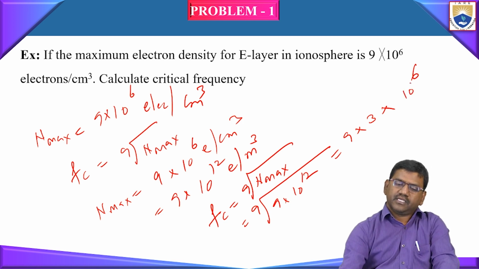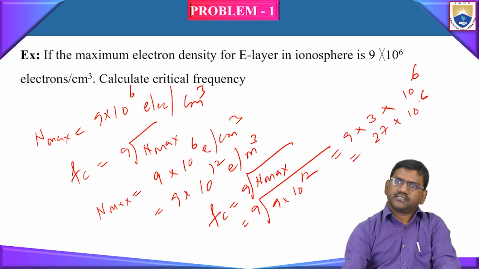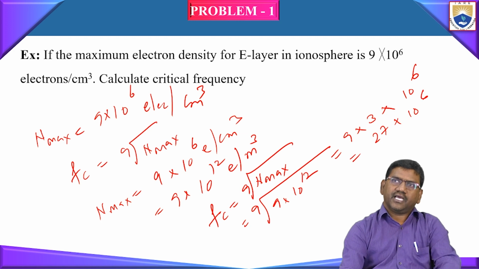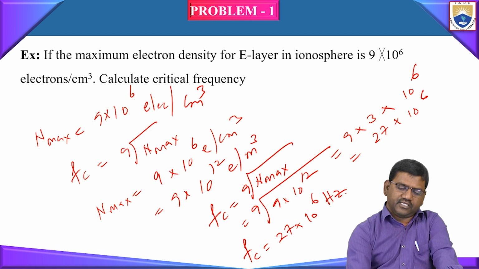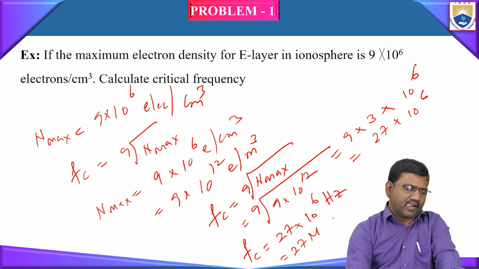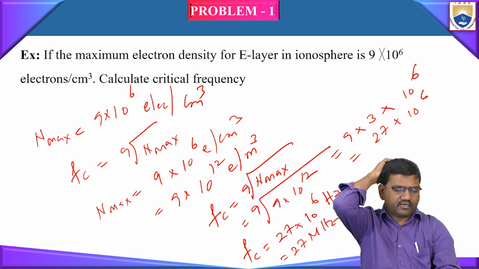So we get 27 into 10 power 6. 10 power 6 means it is mega. So the value of Fc, that is the critical frequency, can be written as 27 into 10 power 6 hertz, which is 27 megahertz.